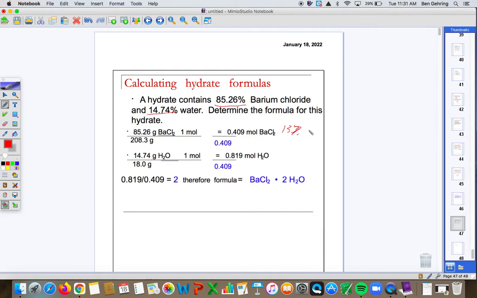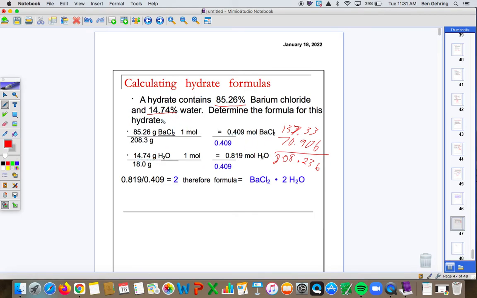Add all that up, and 208.236 is what I would get, which is almost the same there. They divide this out, they get 0.409 moles of barium chloride.